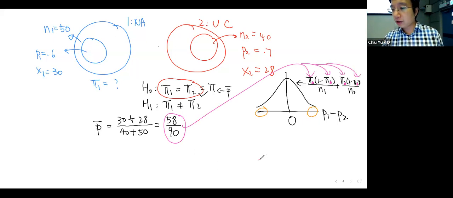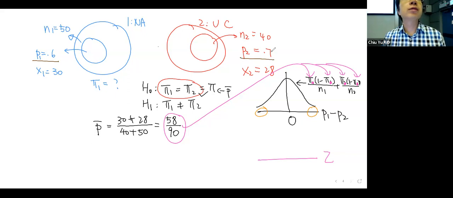And we can convert to Z. So look at this. The data we have is 0.6 and 0.7, so the difference is actually negative 0.1. The question is whether negative 0.1 is here or here.